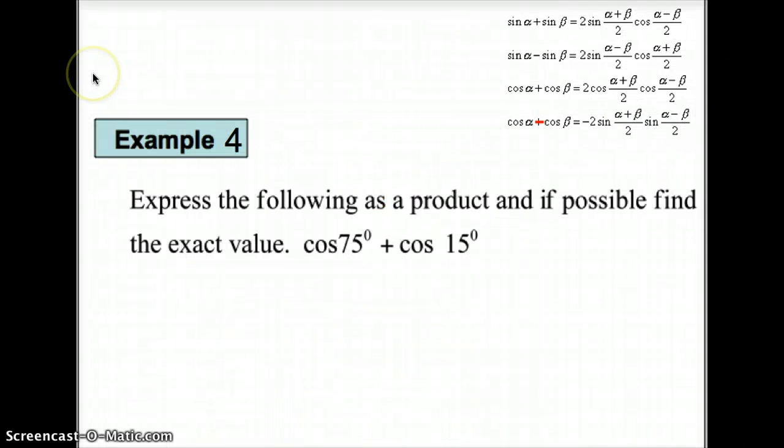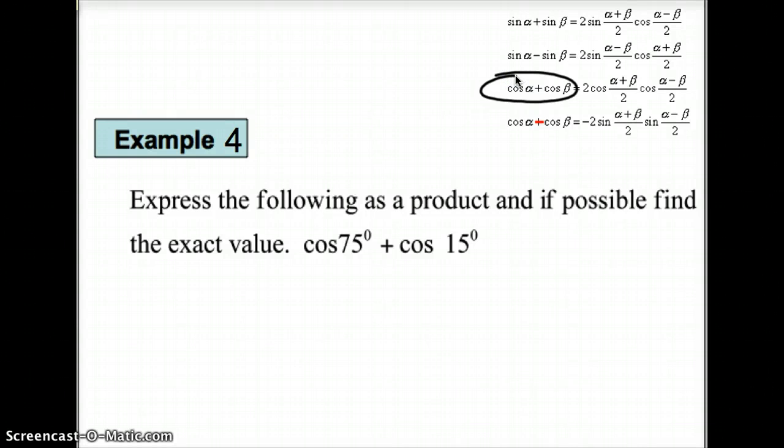But this one, we're actually going to be able to find the exact value. So we've worked with 75 degrees before and learned how it's 30 plus 45, and we've learned formulas to break it apart that way. And we know 15 degrees is half of 30, or 45 minus 30. But there's another formula now that we can use in these circumstances. So we have cosine plus cosine, so we're going to use this formula here.